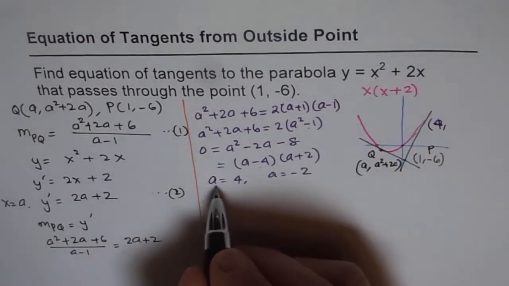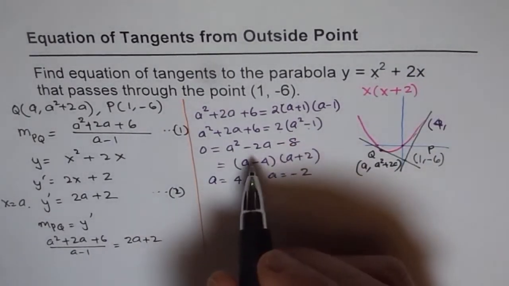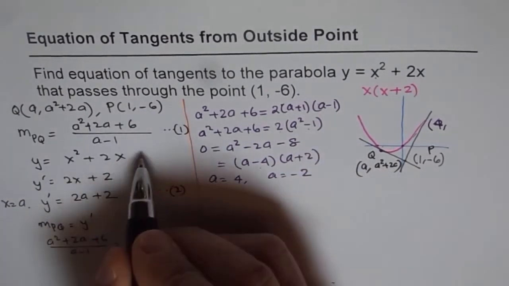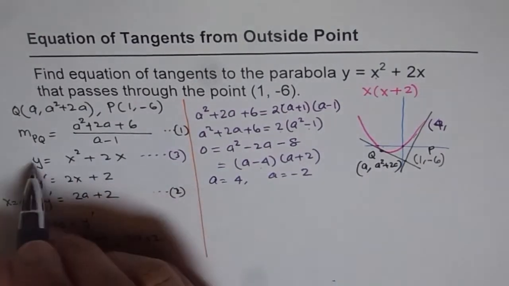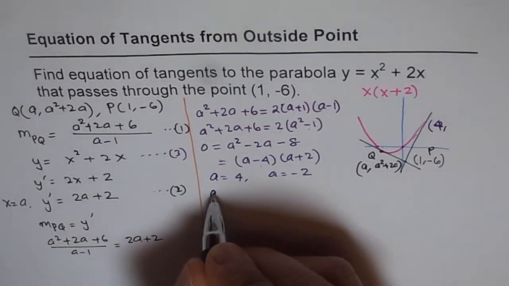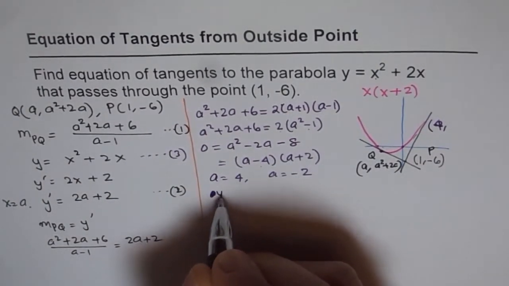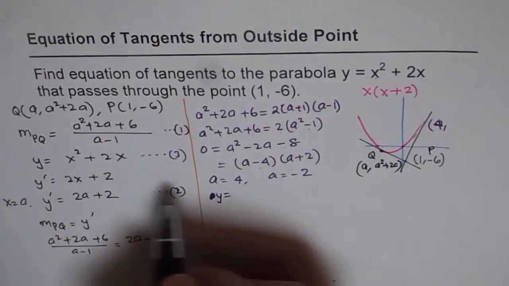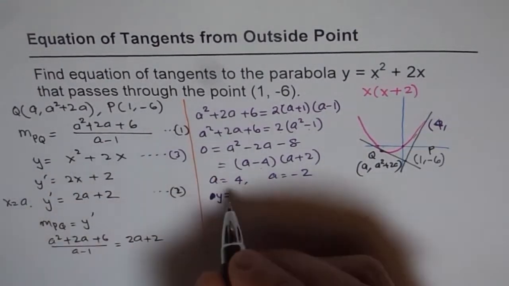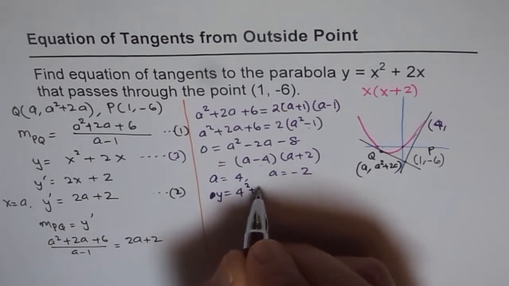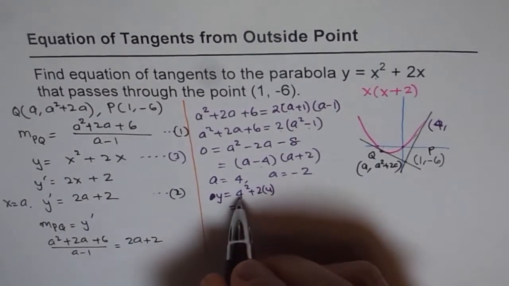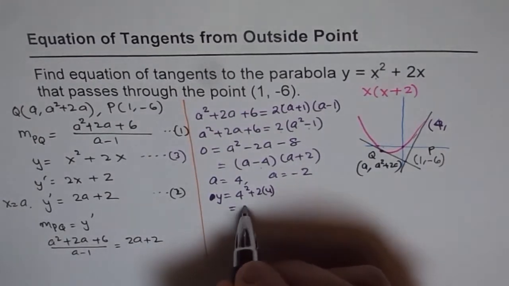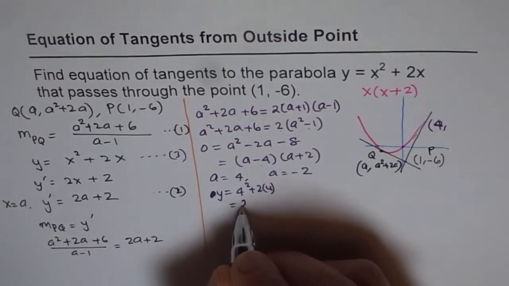Let's do, if a is 4, then what is y equal to? This is the value of y. Let's call this equation 3. So if a is 4, y value will be equal to 4 square plus 2 times 4, and that gives us 16 plus 8, which is 24.